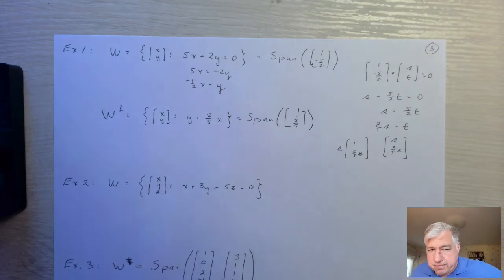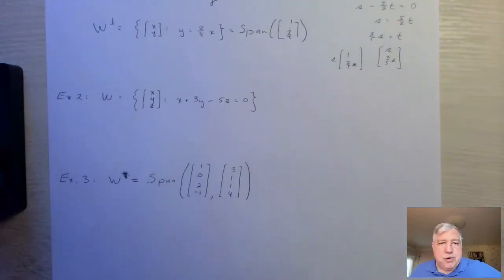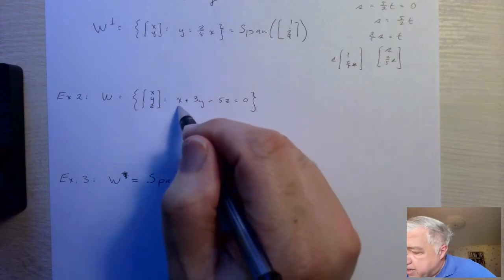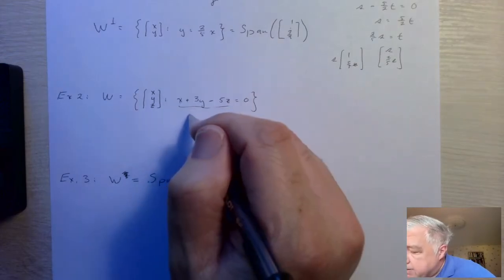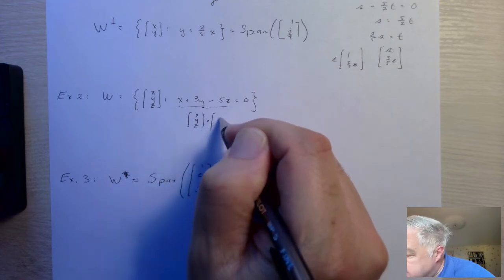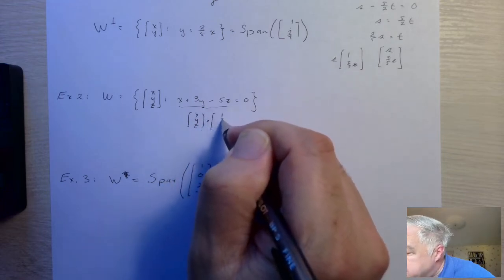In example 2, we'd like to find the orthogonal complement of this plane given by x plus 3y minus 5z equals 0. This is almost too easy, because we can see that this is in fact the dot product of x, y, z and 1, 3, negative 5.